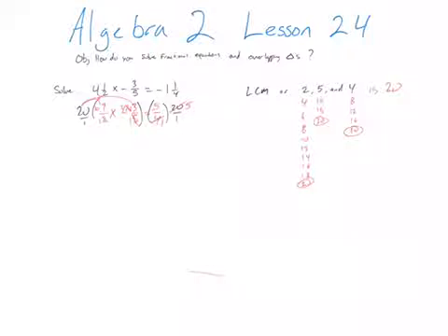So if that didn't really confuse you a lot, this is going to be 90x minus 12 is equal to a negative 25.